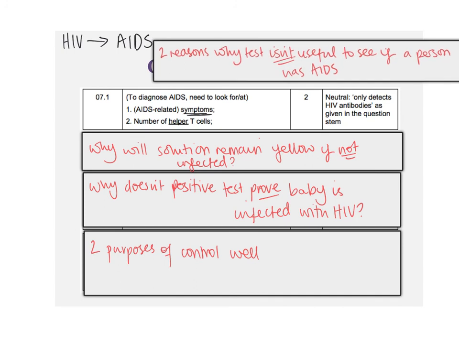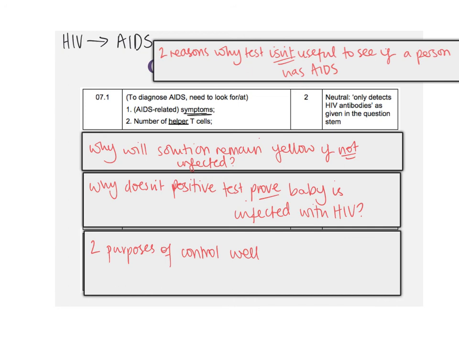And for the second mark, you need to make sure that you've mentioned looking for the number of helper T cells to see whether they've been destroyed. Now, you might not have got that second mark because we haven't done the HIV lesson yet, but if you come back to this lesson once we've done lesson 2.20 and have another go at this question, hopefully you should have been able to get that.